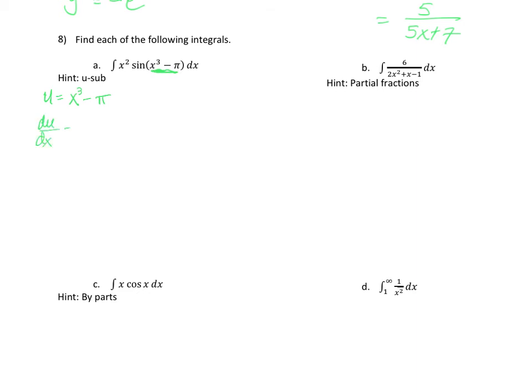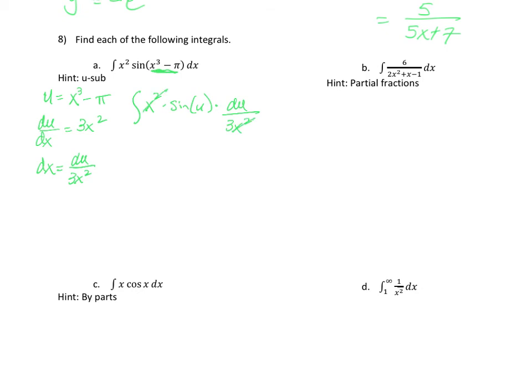du dx is 3x squared, and then solve for dx. So dx is going to be du over 3x squared. And then we plug that into my integral. So this is going to be the integral of x squared times the sine of u times dx, which is du over 3x squared.